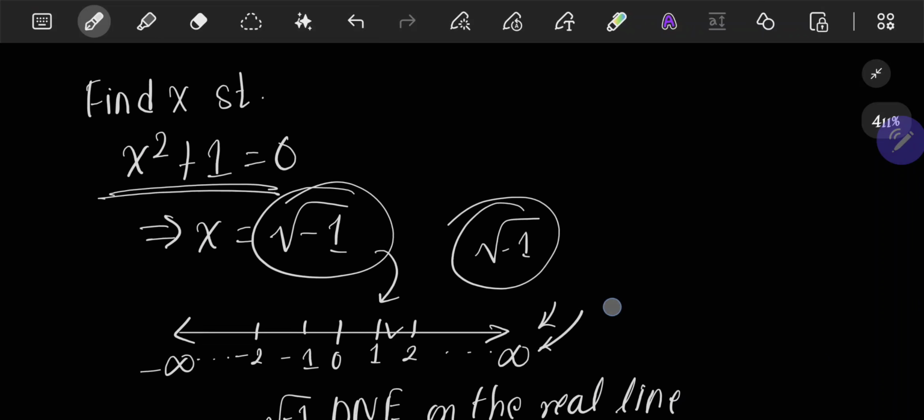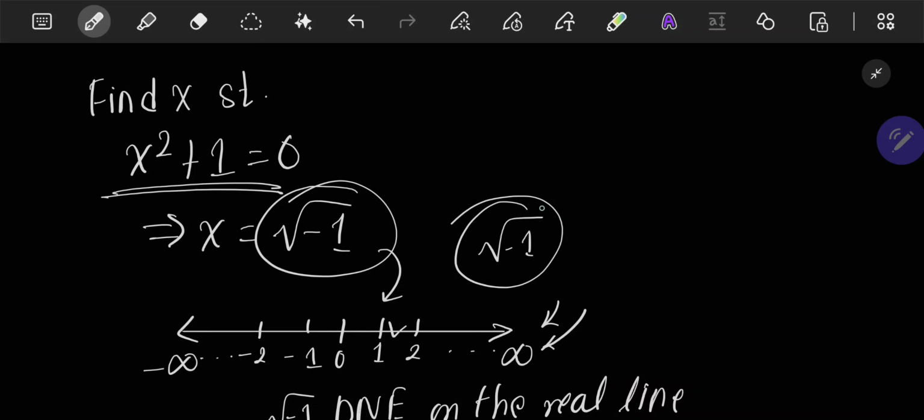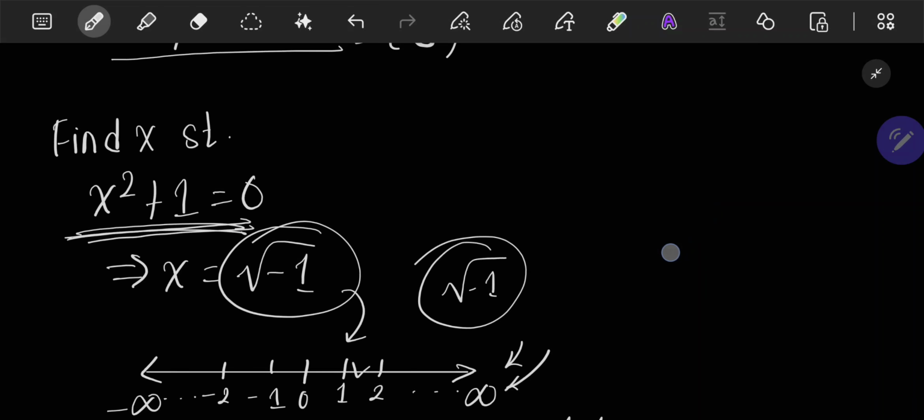Now, because this number does not exist in all the numbers that we know, new numbers were invented in order to provide a solution for equations such as this. So mathematicians invented something called imaginary numbers.